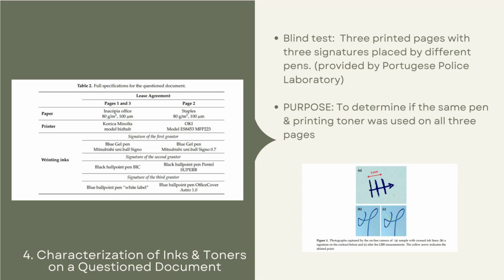In this case, the analysis was to verify if the same pen was used on all 3 pages by applying LIBS at only 1 point per signature, and also if the printing toners were the same on all 3 pages. The toner was probed at 6 points, carefully choosing the sampling points in order to minimize the visibility of the laser.